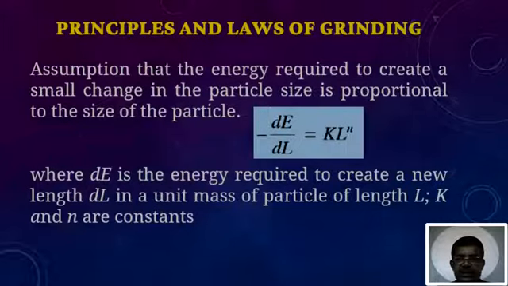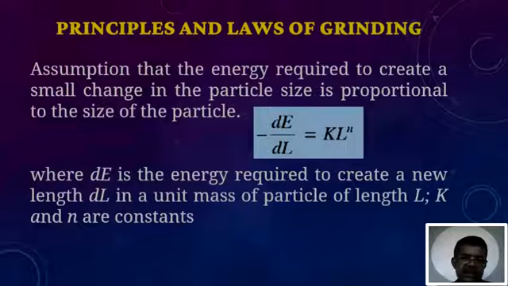So we have different laws which describe different results depending upon the assumption. The general formula for grinding is given as minus dE over dL is equal to K into L to the power n.